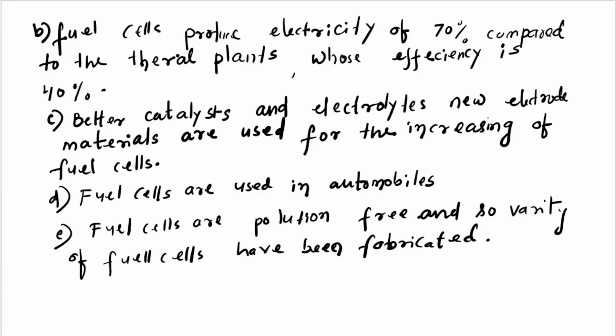Thermal plants are not a good option because they produce pollution. In thermal plants the electricity produced is about 40%, whereas in a fuel cell it is 70%.